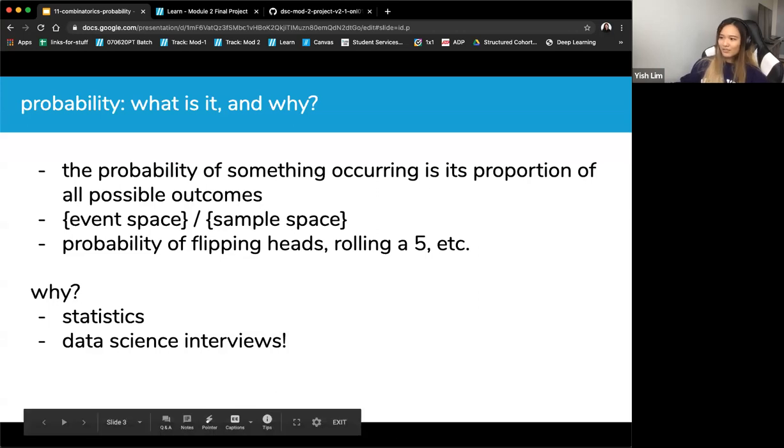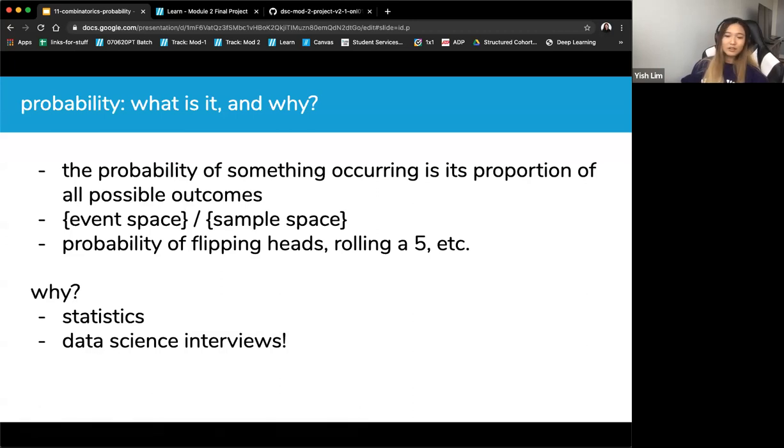One of the many definitions I found was that the probability of something occurring is its proportion of all possible outcomes. So flipping a coin, all possible outcomes is you can get heads or tails. The probability of tossing heads is just 1 out of 2, because there are 2 possible outcomes.